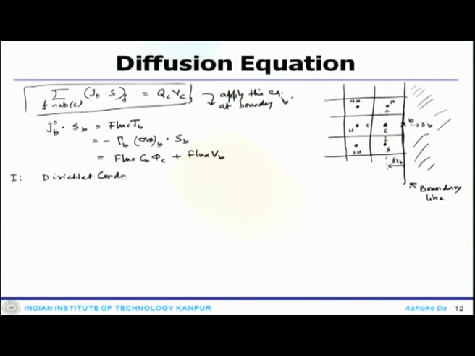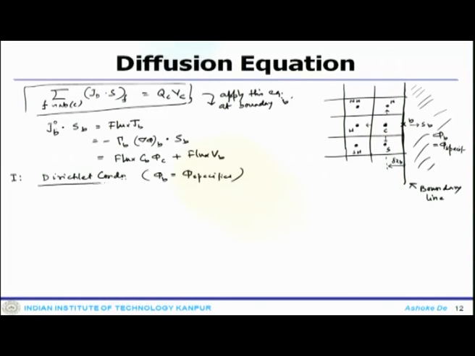So, which means you have phi equals phi B specified. At this phase I am saying that phi B is specified, that means this is known.